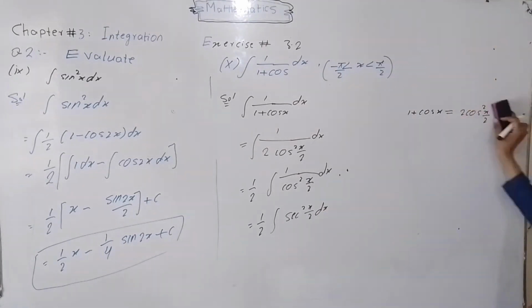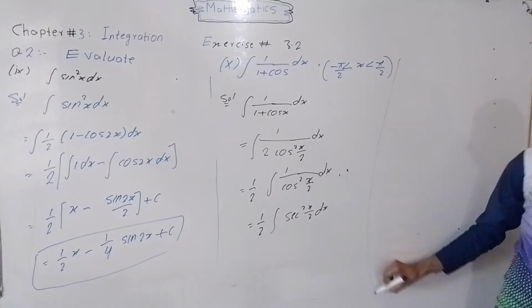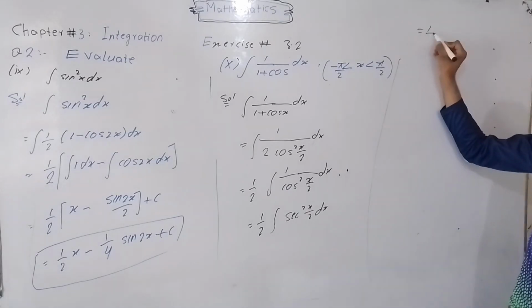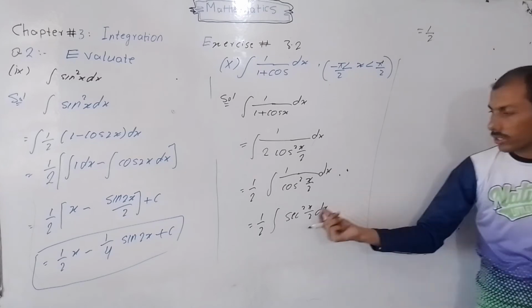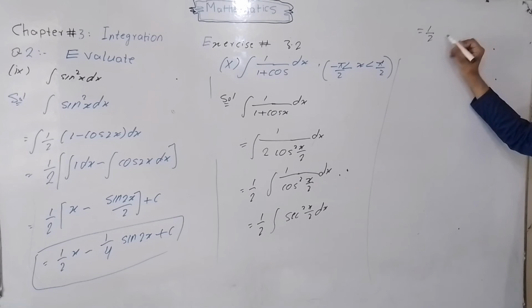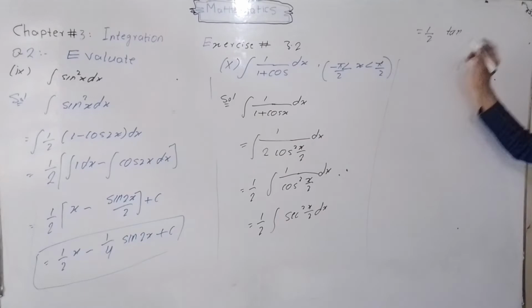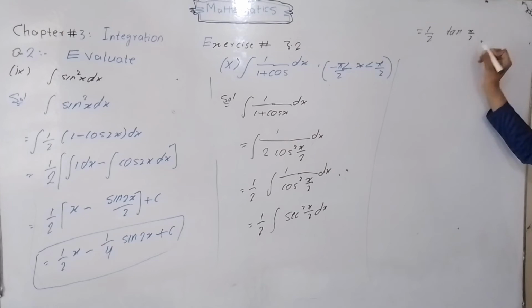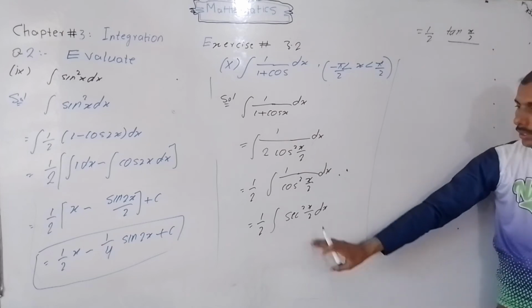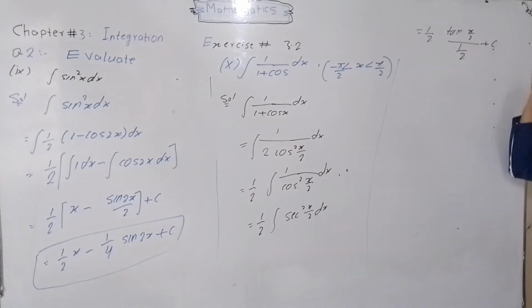Which is equal to 1 divided by 2 integration of secant square x is tan x, so tan x divided by 1 divided by 2 plus c.